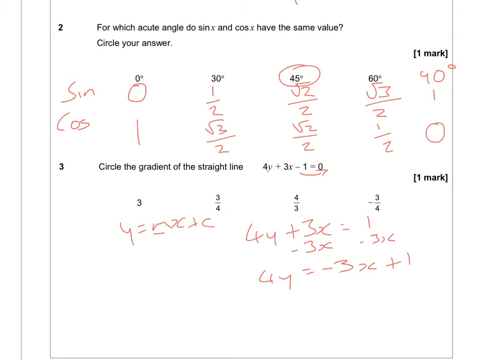And then because we've got 4y and we're only wanting y, remember, we need to divide by 4. So we're going to get y equals minus 3 over 4x plus 1 over 4. This bit here, remember, is our gradient. So we've got a gradient on this graph of minus 3 over 4.